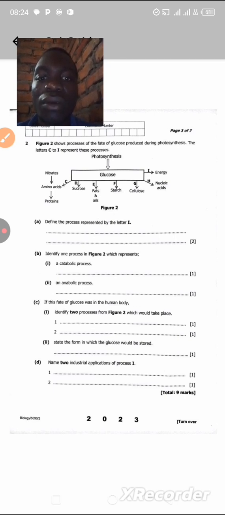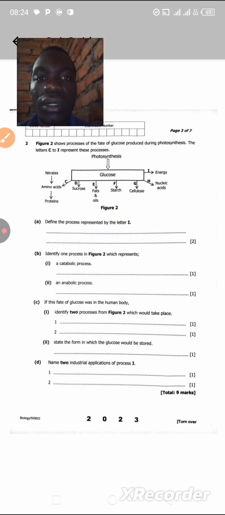When glucose is fermented during baking, it releases energy, which is the heat energy. Also carbon dioxide is produced, as in the process of respiration. That is one of the products that causes the dough to rise.